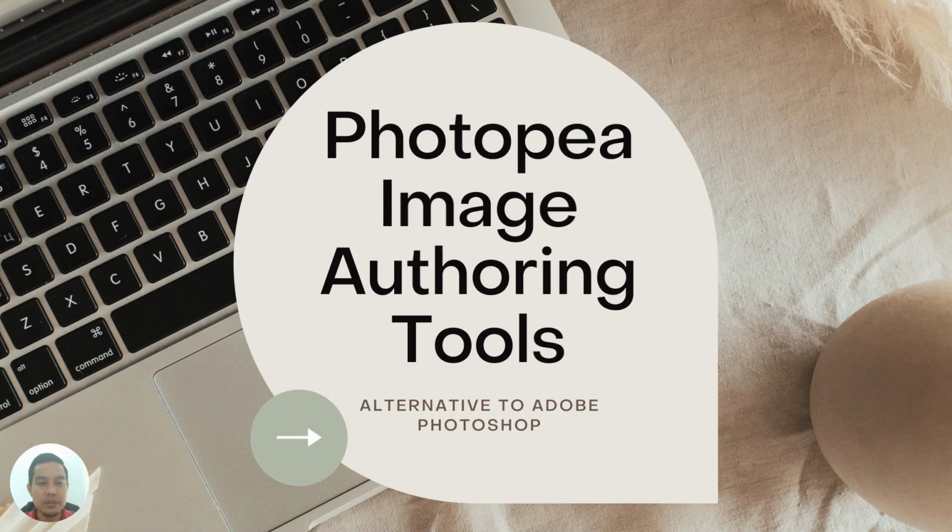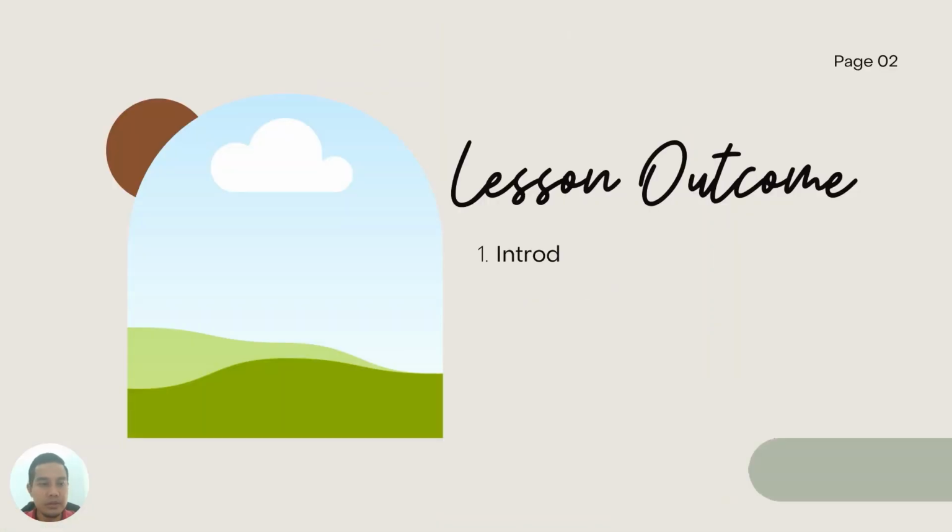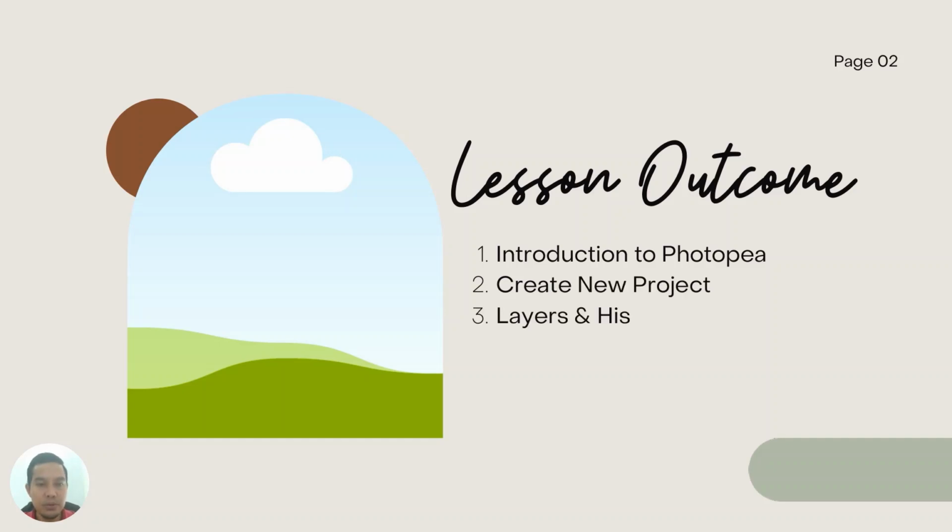So today we will look at one of the image authoring tools, which is Photopea. Basically, Photopea is an alternative to Adobe Photoshop. So as the lesson outcome, in this video you will see the introduction to Photopea.